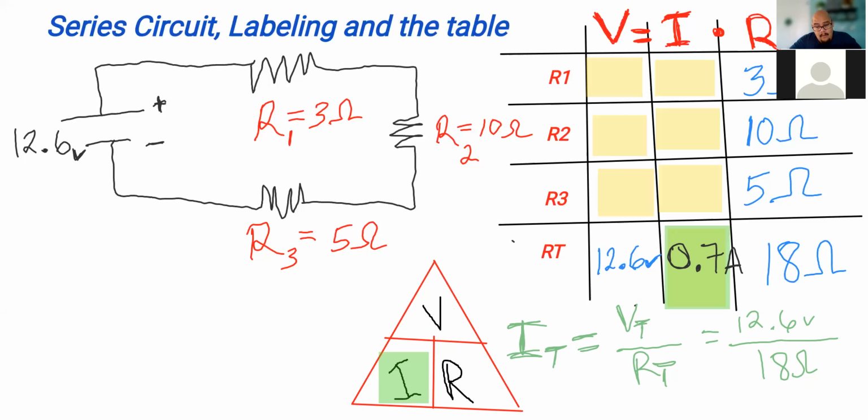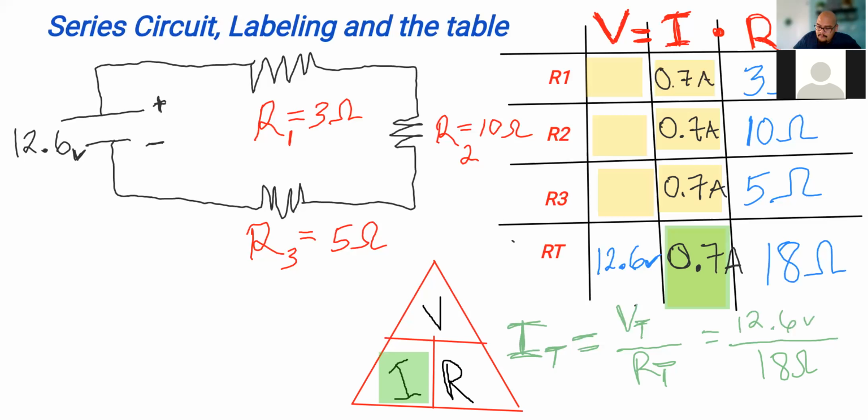So now we can move forward with the characteristic. What did I say about the characteristics of a series circuit? I stated that current is the same everywhere, or amps is the same everywhere. So it's going to be the same here, the same here, and the same here.